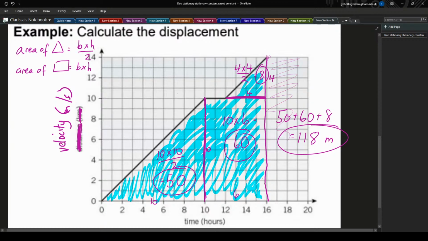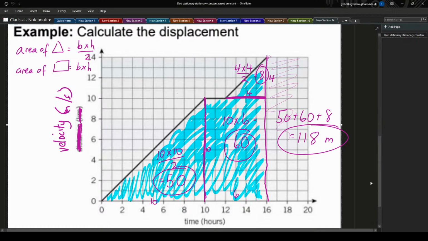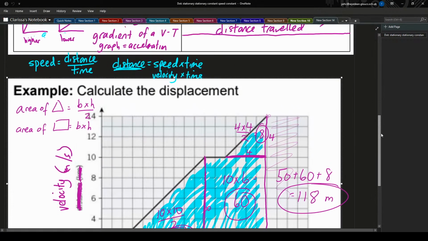So I took that line down. And it's all that area here that I'm calculating for. If you don't have a perfect triangle or a rectangle, you're going to have to carve your shape up into triangles and rectangles, calculate the areas of each, and then add them all together at the end to find the displacement.